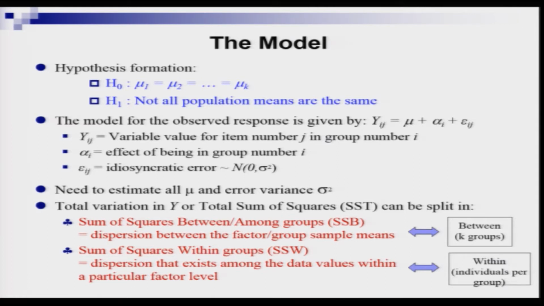A particular observation y_ij can be broken in two parts, and it is an additive relationship.